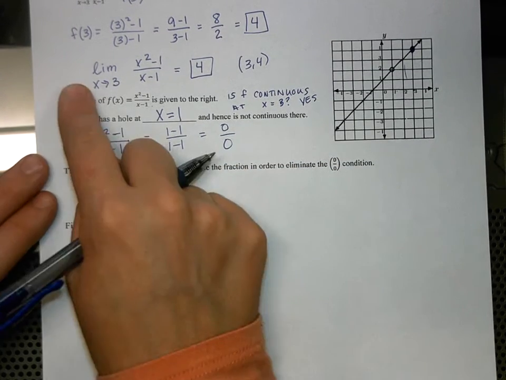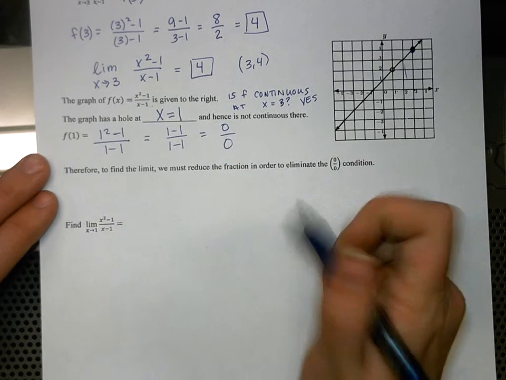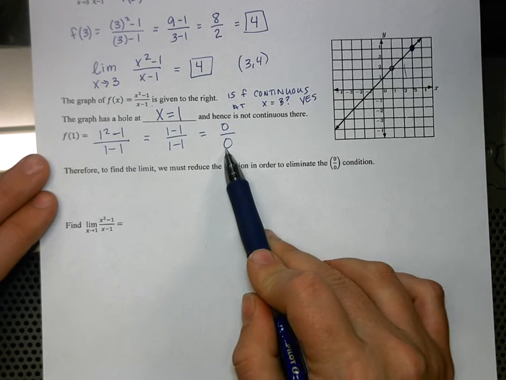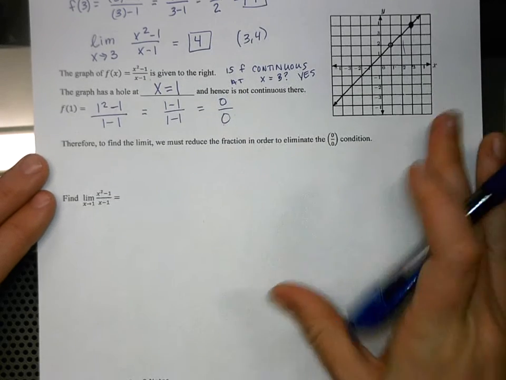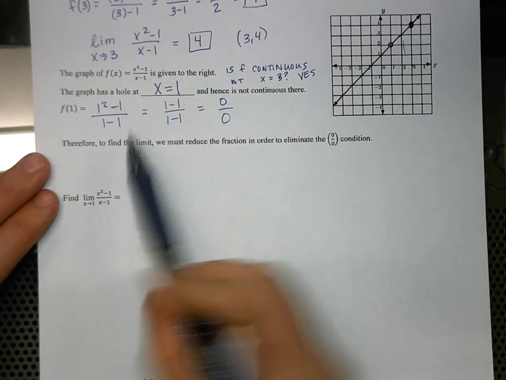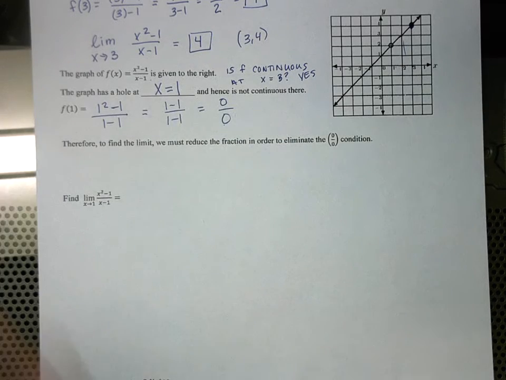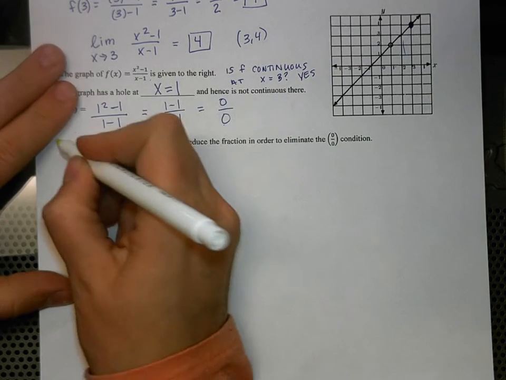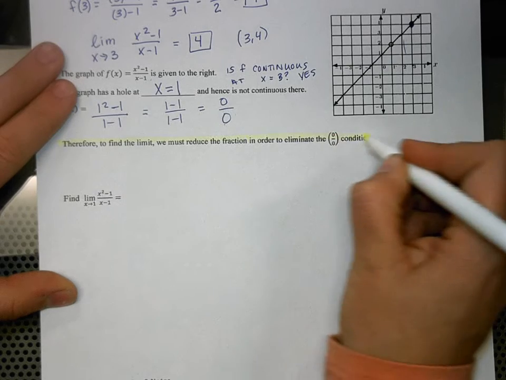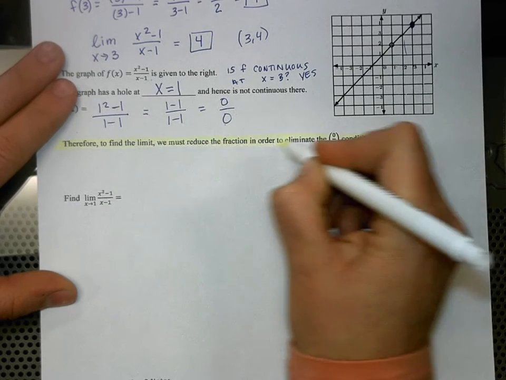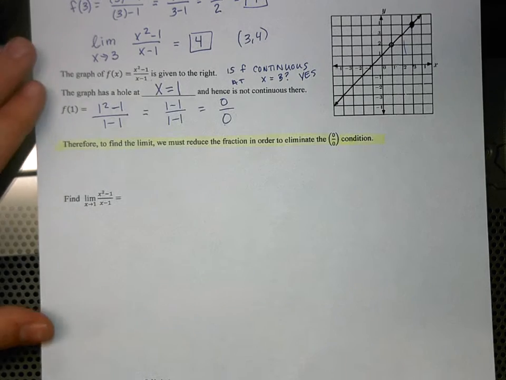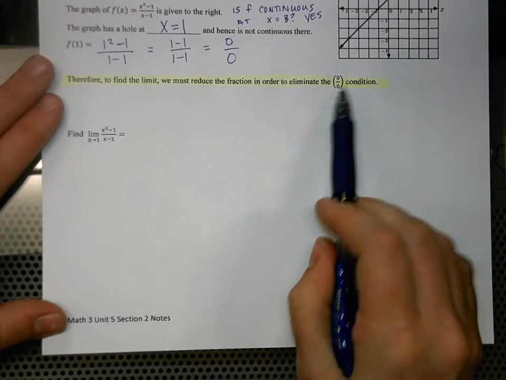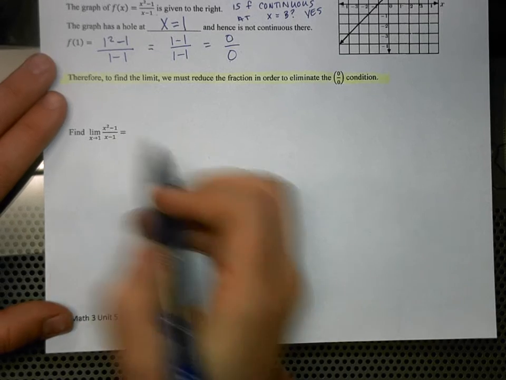There is a limit for this value, but 0 over 0 is not going to help me because that's not an answer that I can give. So to find the limit, we must reduce the fraction before plugging in our constant in order to eliminate the 0 over 0 condition.